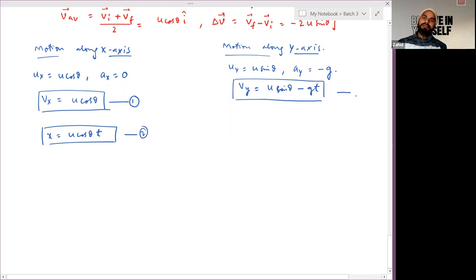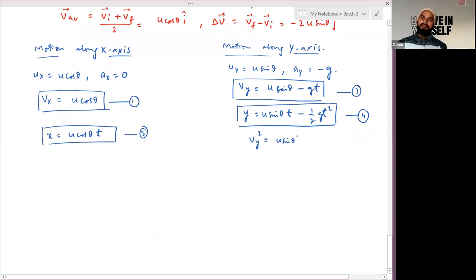Let it be equation third. Next is to find displacement, so it will be u times sine theta into t minus half g t squared. So this will be equation fourth. And using third equation of motion, Vy squared is equal to u times sine theta squared minus 2gy. Fifth equation.